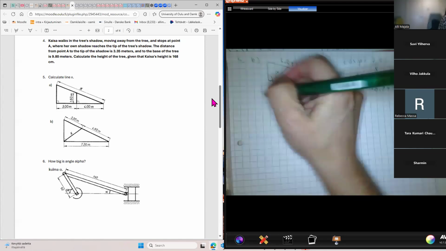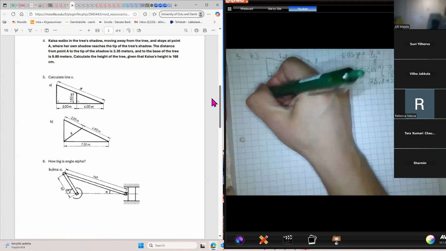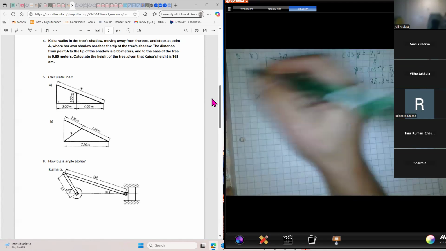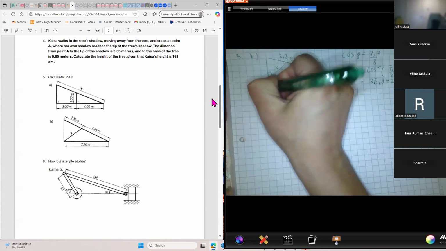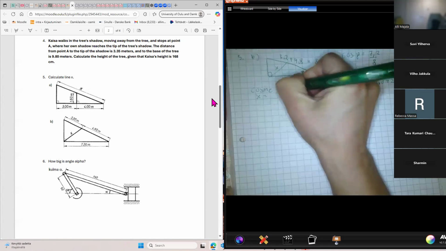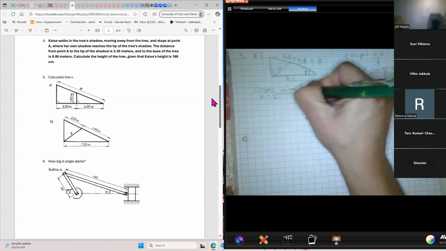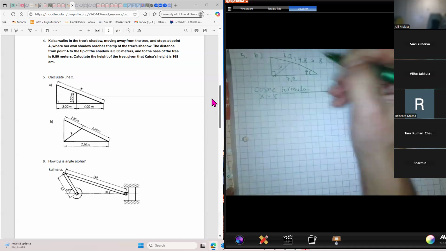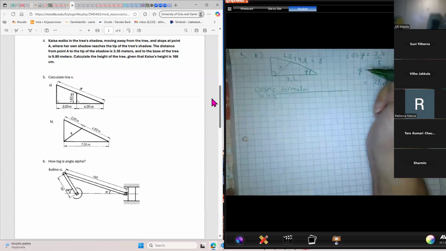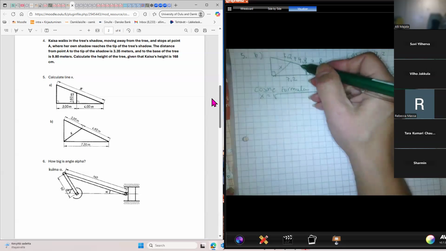And then the x would be with cosine formula. This was the 4.8.